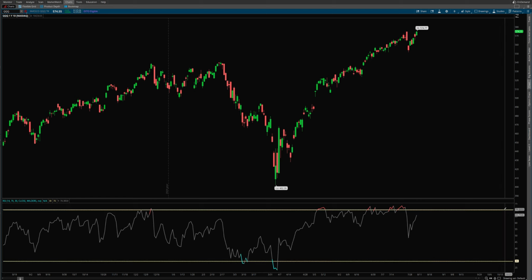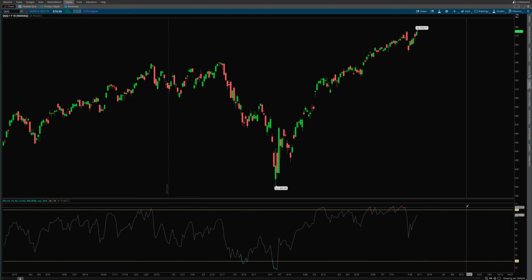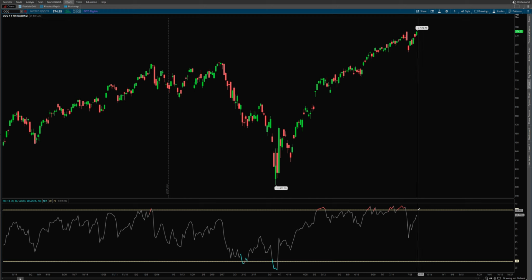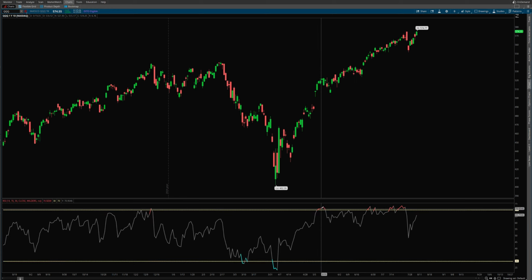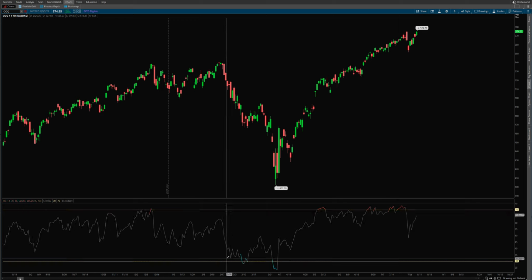The main essence in theory is that a reading over 70 says the trend is overbought, while a reading below 30 says the trend is oversold. Now, the main thing to know is an overbought signal does not mean it is a sell signal, and vice versa for oversold.